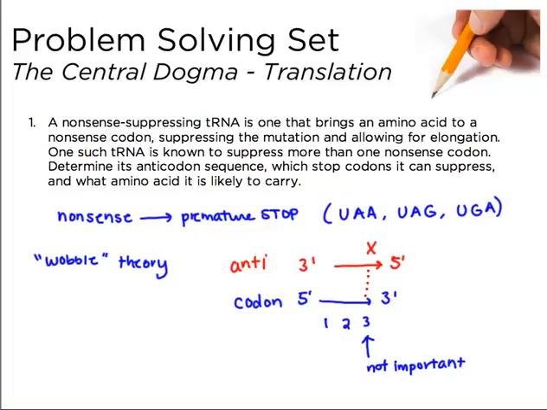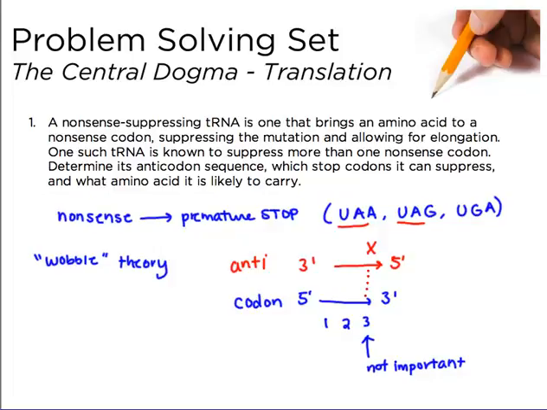So again, we have these three stop codons that could possibly be our nonsense codon. The question asks which stop codons it can suppress. If you look, these first two both start with UA. Remember that the first two nucleotides are important for base pairing, but for the third one there's a little slack. It can be slightly different.